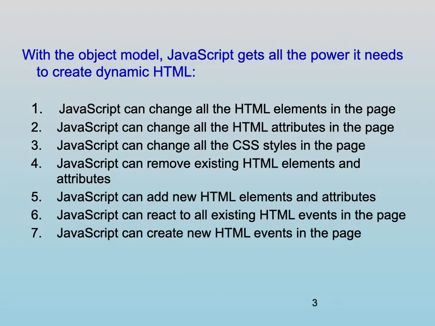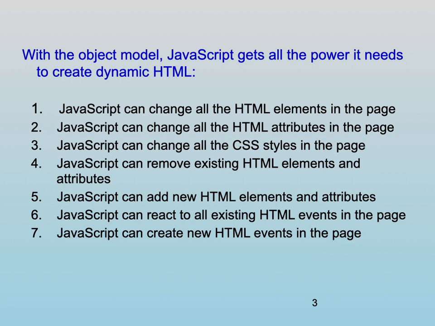With the object model, JavaScript gets all the power it needs to create dynamic HTML. We have two different types of web pages, static web pages and dynamic web pages. Static web pages means whatever you see when a web page is loaded, that content will not change.